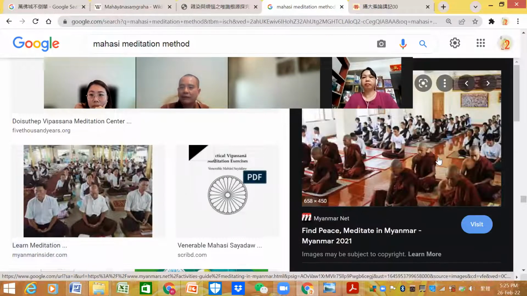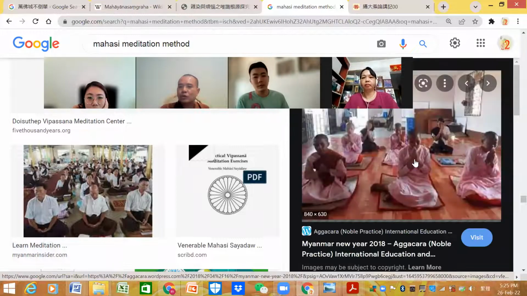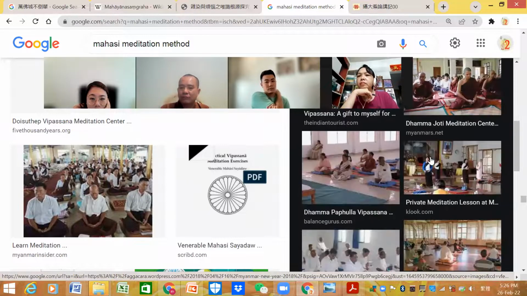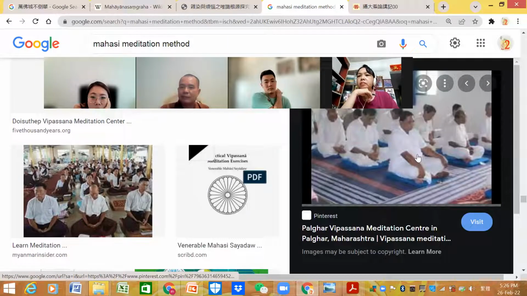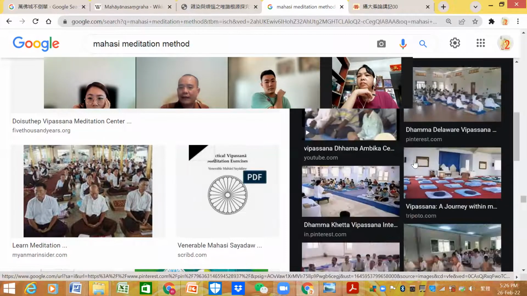So they all do the meditation. The pink color is the Burmese, I think. Yeah, Myanmar New Year 2012. Okay, see or not? Some of them in this Vipassana Meditation Center are wearing white clothes.